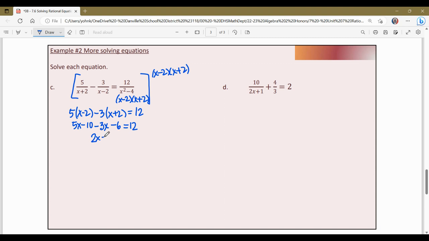Negative 10 minus 6 is negative 16 equals 12. Add 16. 2x equals 28. Divide by 2. x equals 14. Check your excluded values. Looks like x can't be plus or minus 2. So 14 is good.